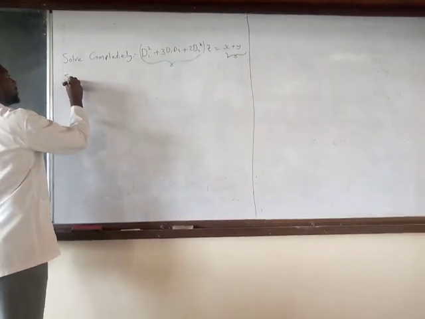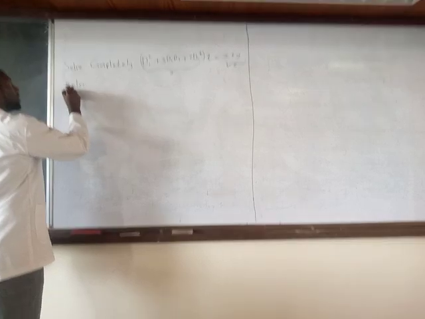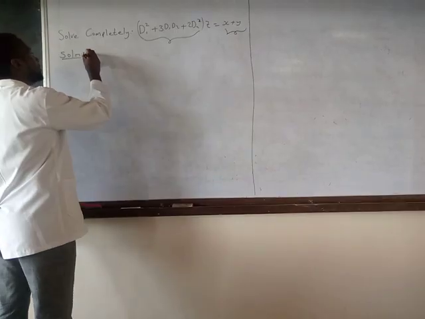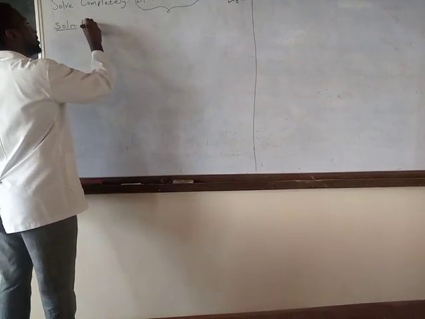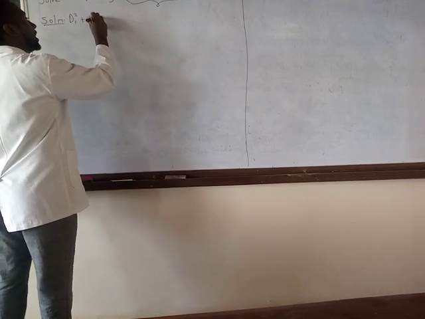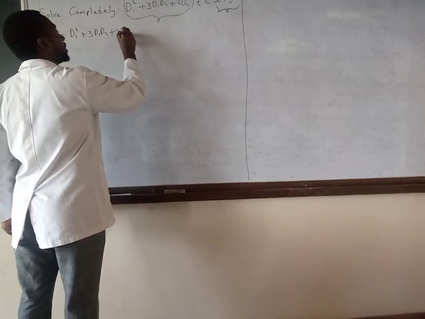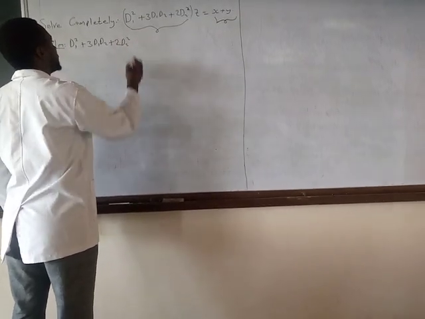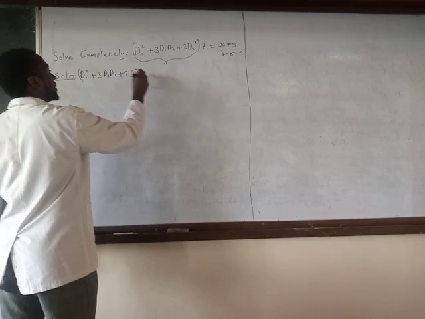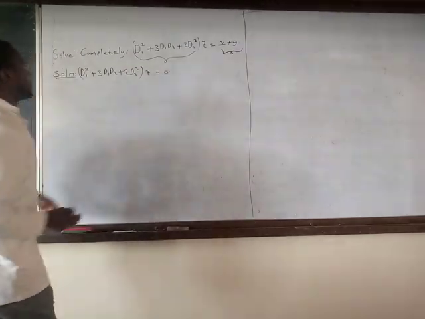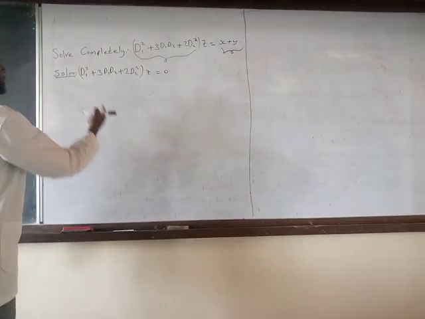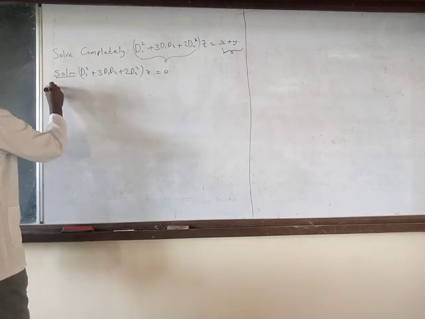So in our solution, we have D1 squared plus 3 D1 D2 plus 2 D2 squared z equals 0.